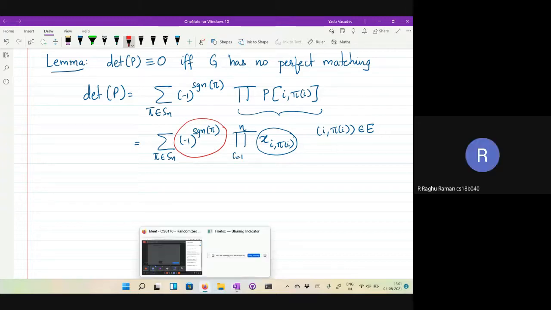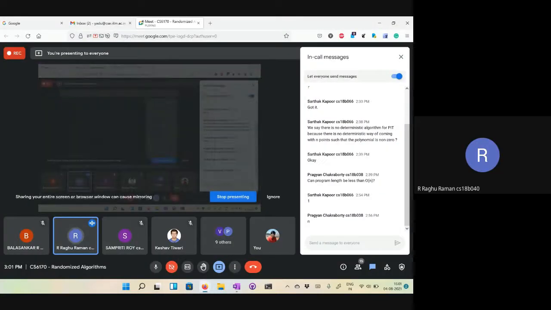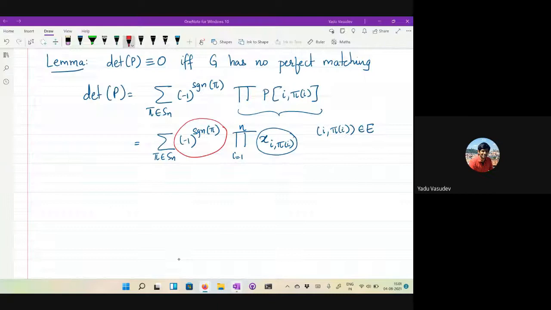Sir, if it has to cancel, it has to be the same permutation then. Exactly. The only way you can cancel off one matching is if it occurs again. If you take two distinct perfect matchings, then the monomials are distinct.